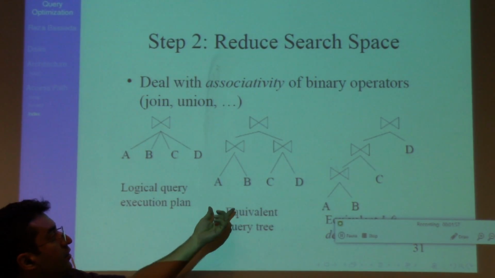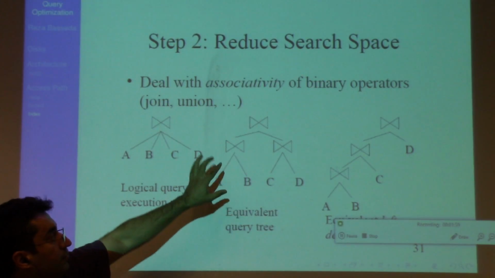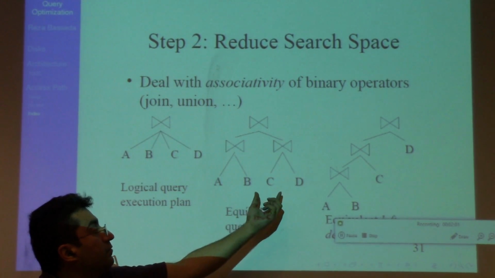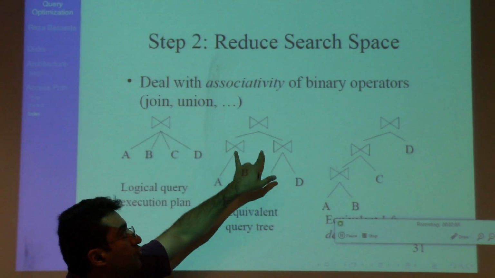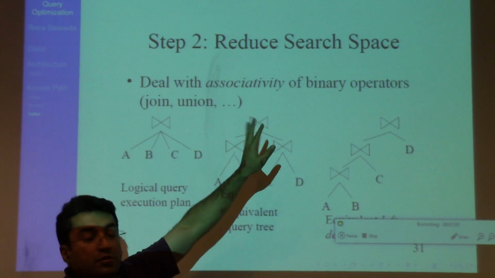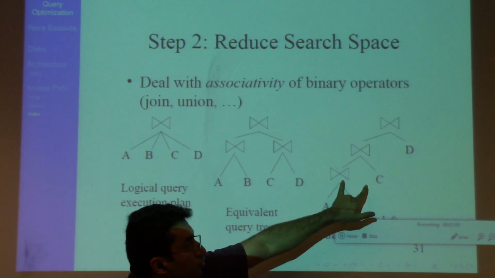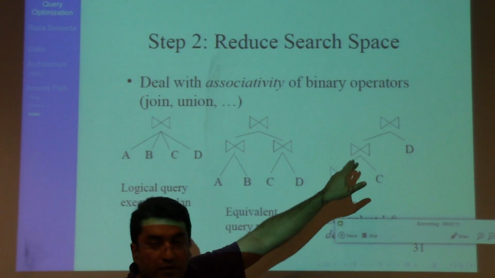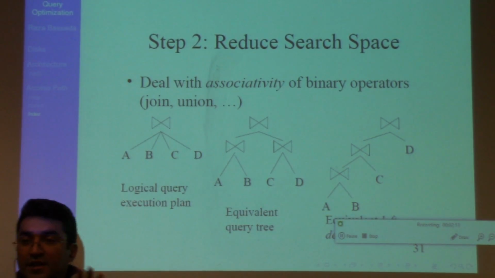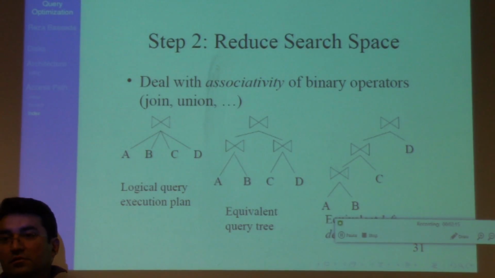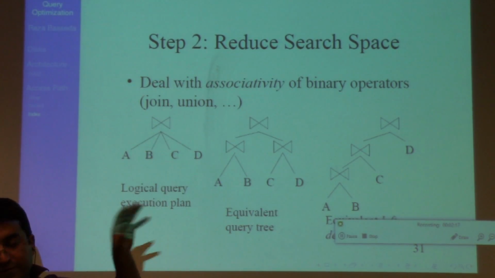One way is joining A and B together, keeping the result, joining C and D together, keeping the result, then joining the results together, right? The other way: A and B together, the result, join with C, the result, join with D. This is the other. So these trees can have different shapes.